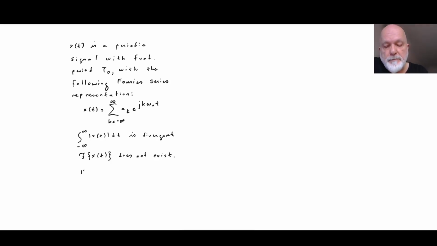However, we can calculate a Fourier transform of x of t in terms of singular functions.